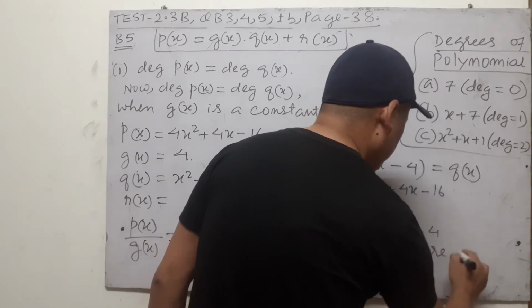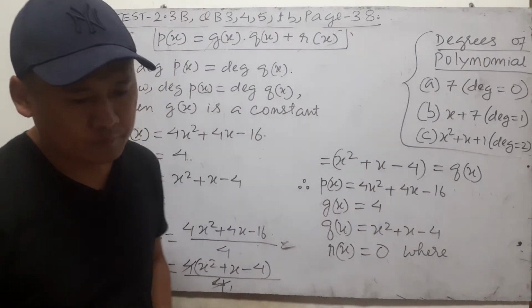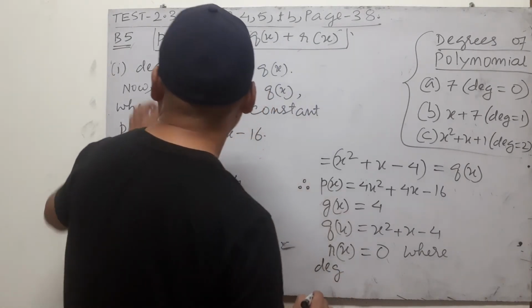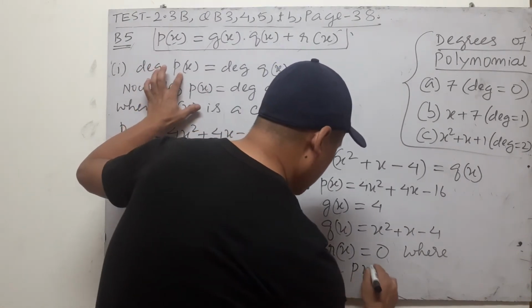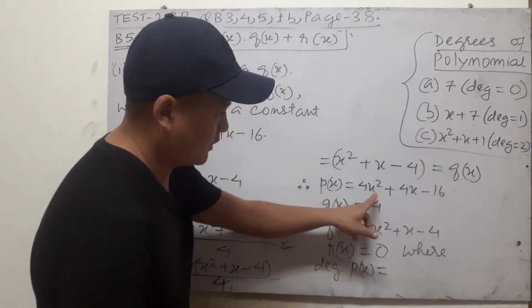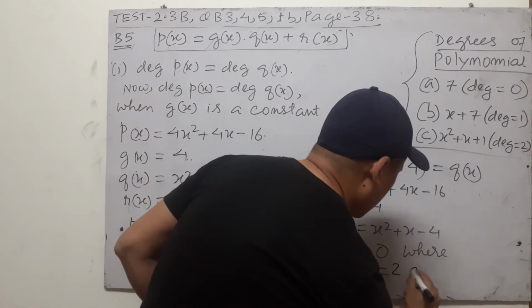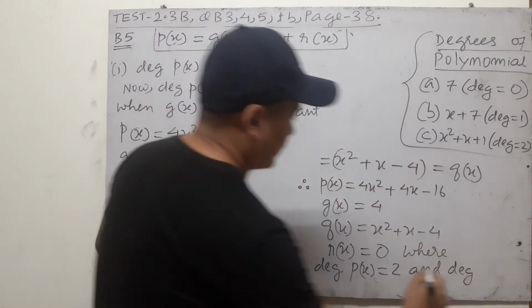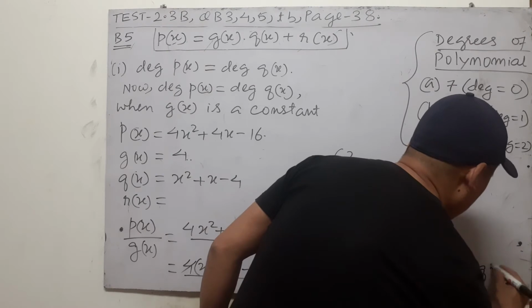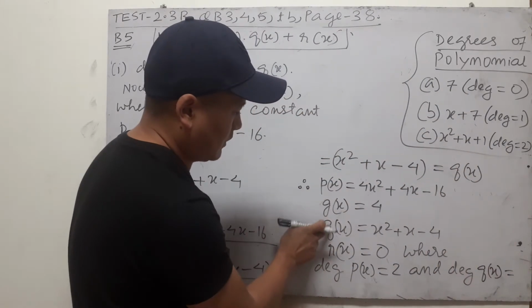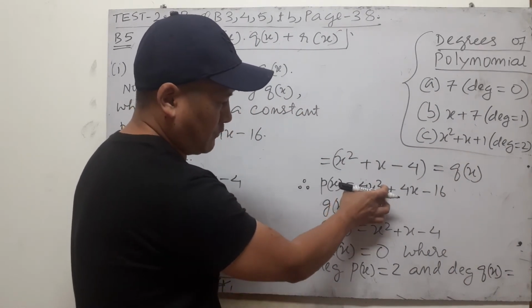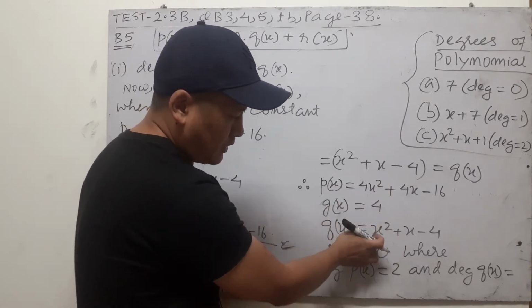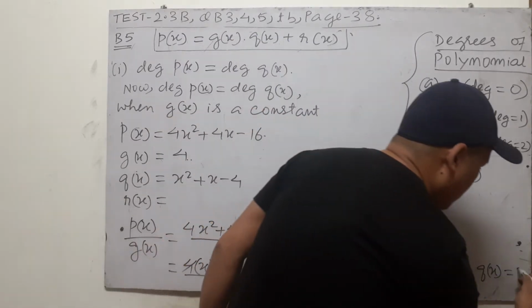Now the condition of the question: p of x, we know, go back, the highest power of x is 2, so the degree is 2. Next, q of x, let's check, is also equal: when we divide a chosen p of x by a constant g of x like 4, our q of x comes out with highest power of x equal to 2, so the degree of q of x is also 2.